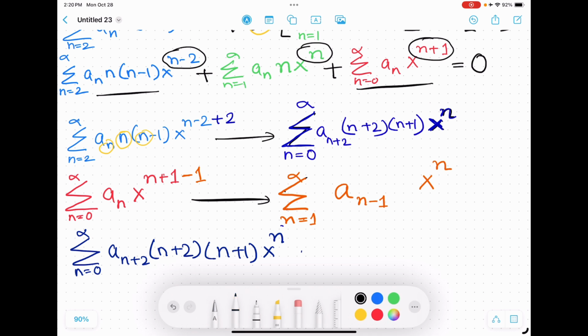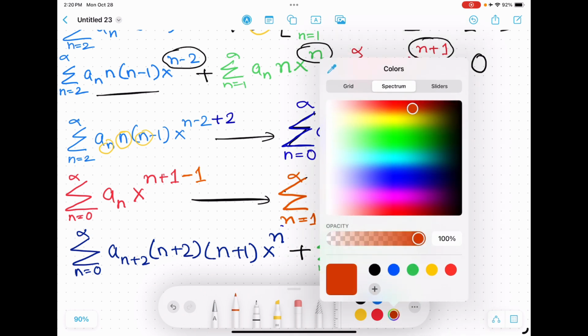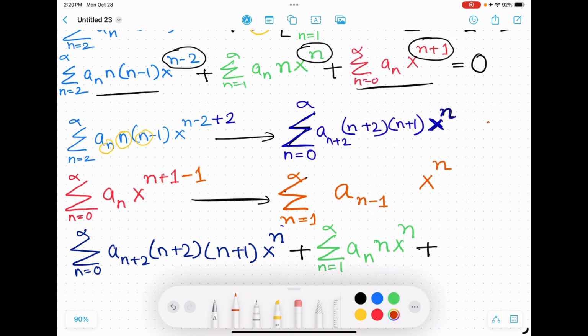Then plus my second one, which remains as it is, n times x to the power n. And then plus my third transformed power series, which starts from 1 to infinity, a sub n minus 1 times x to the power n, equals 0.